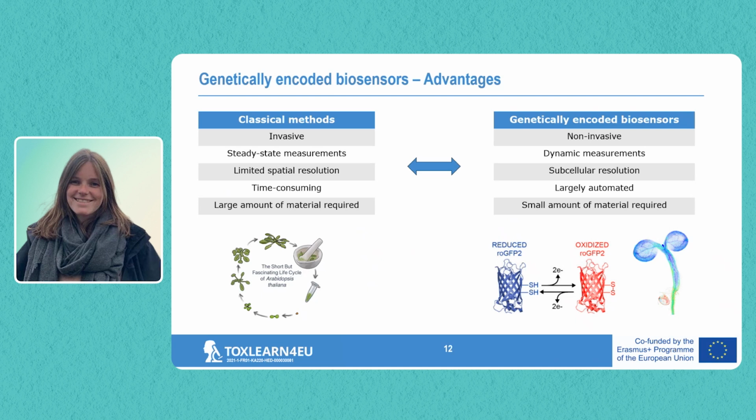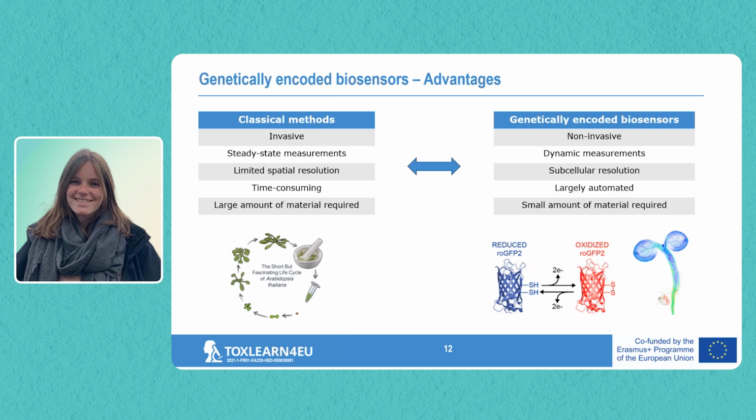And you also need a large amount of material. So, for example, the Amplex red method that Anne explained to you, if you have seedlings of Arabidopsis that are only 1 week old, they only weigh a few milligrams, but you cannot use that method for that. Then you really need to pool a lot of seedlings together to have sufficient weight to perform the technique. So that's, of course, a disadvantage.